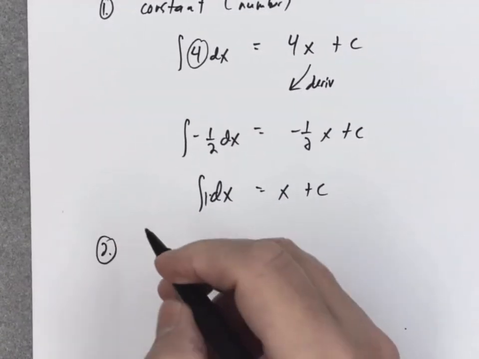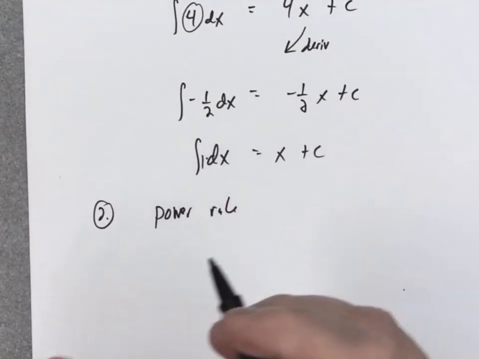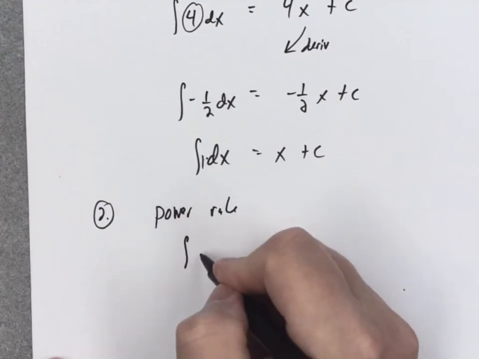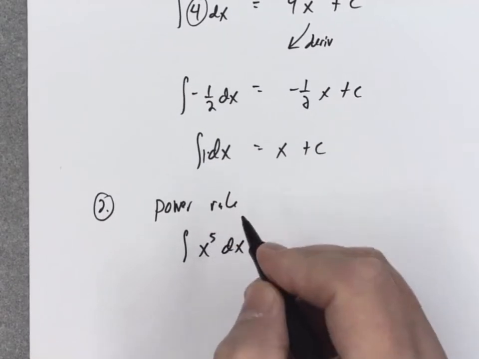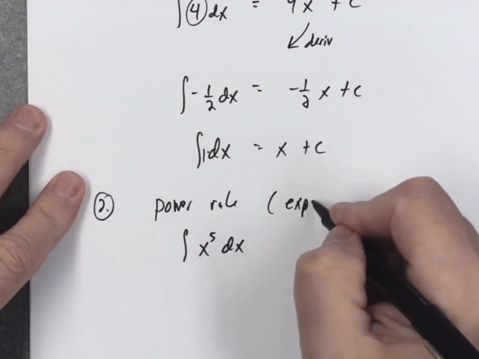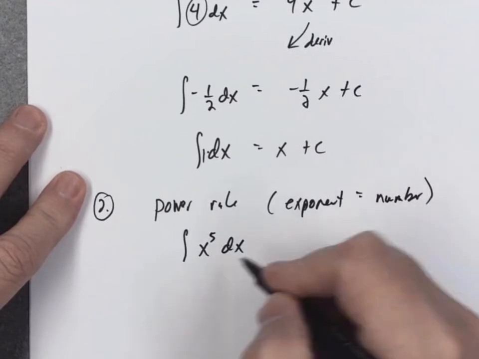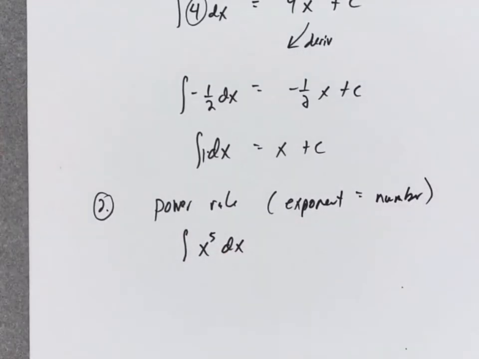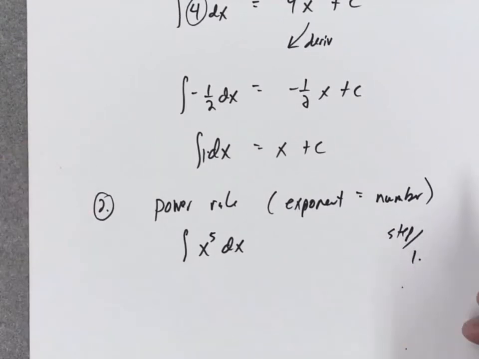All right, now here's the one that gets used all the time. The power rule. The power rule is when you have a variable raised to a number exponent, right? So the exponent has to be a number. So it's one variable raised to a number exponent. And actually it's a two-step process. That's pretty simple.